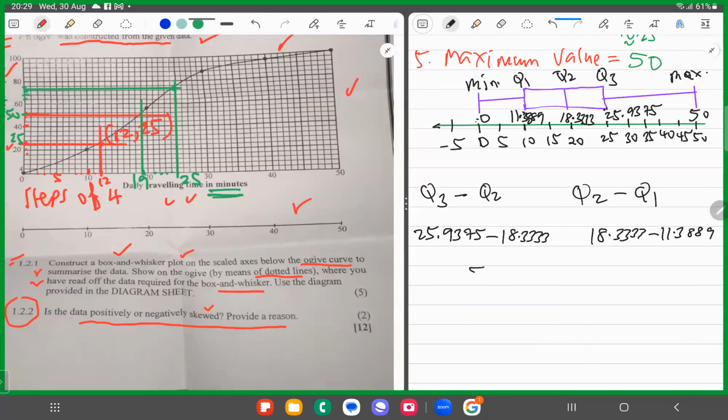We're getting here 7.6042. Now here we also have 18.3333 minus 11.3889, which is 6.9444.